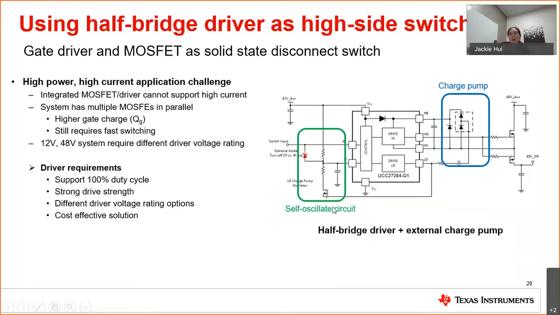The self-oscillating circuit here uses the low side portion of a half bridge, basically creating a PWM pulse, which then shifts this charge pump cap between the VBUS voltage and VDD. In this process, it pushes the current stored in this charge pump cap to refresh the boot cap. We will go into how it operates in more detail on the next slide.